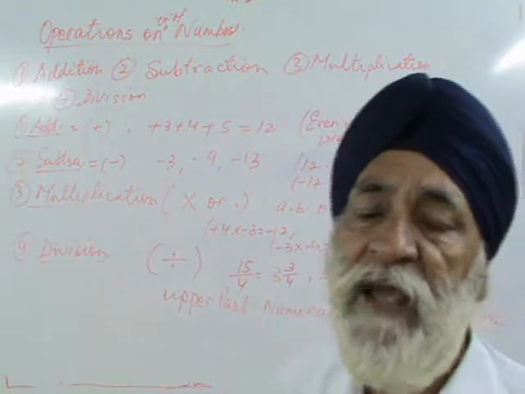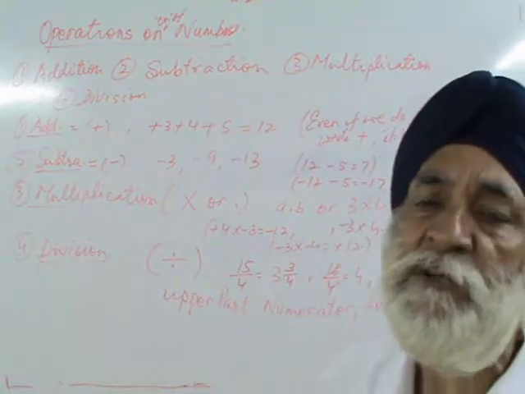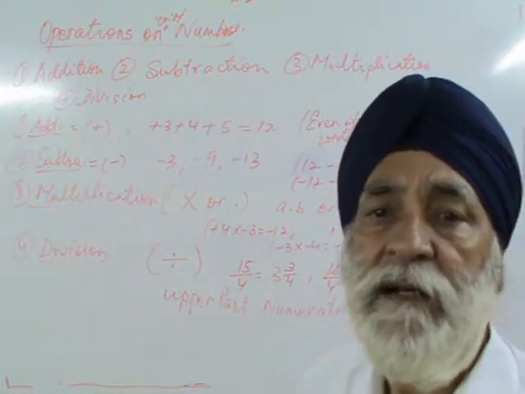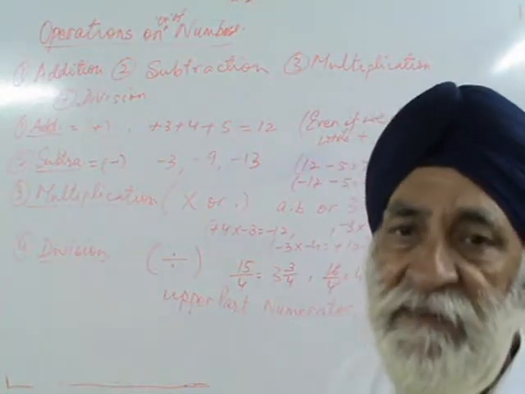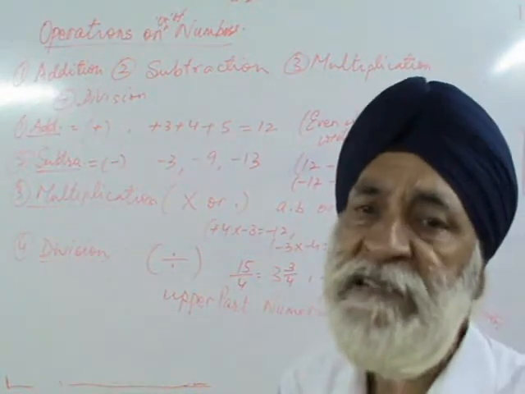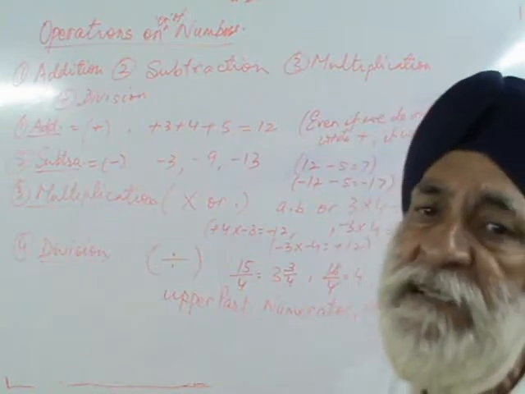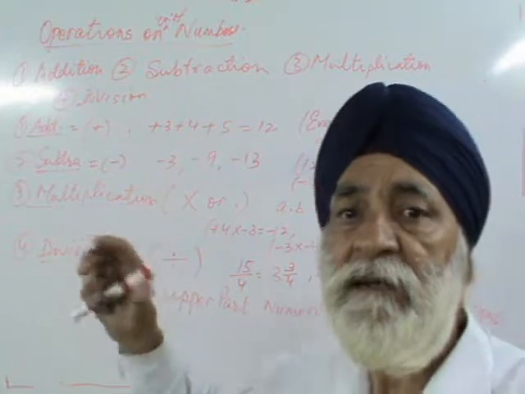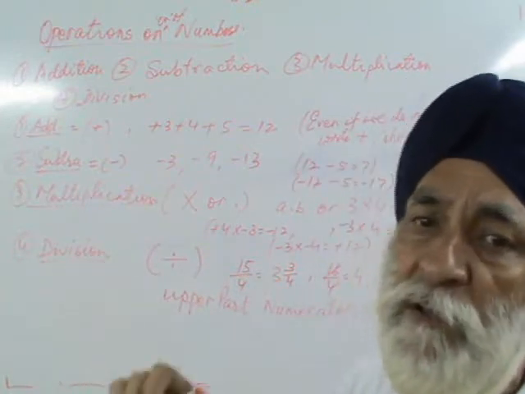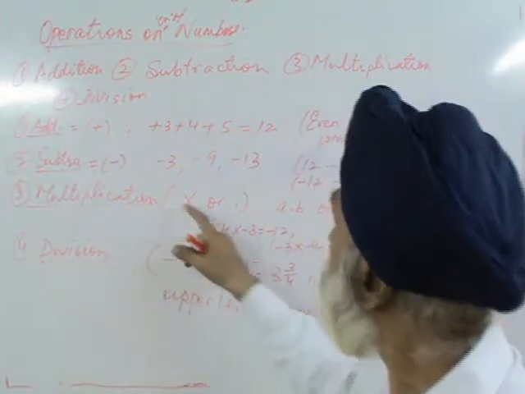Multiplication: when two numbers multiply, in the sense of being added, one part is kept constant and the other part is added that many times, so it becomes a multiplication.